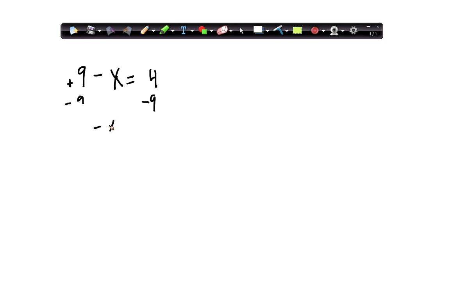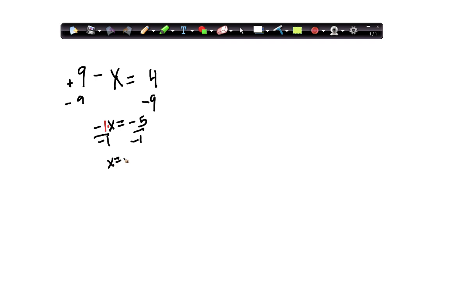So -x equals -5. And there really is a 1 right here, we just don't write it, but it really means negative 1 times x. So we're going to divide by negative 1, divide this by negative 1.